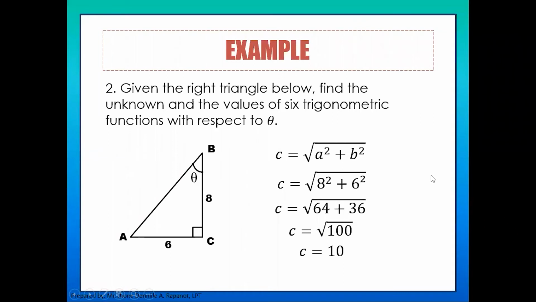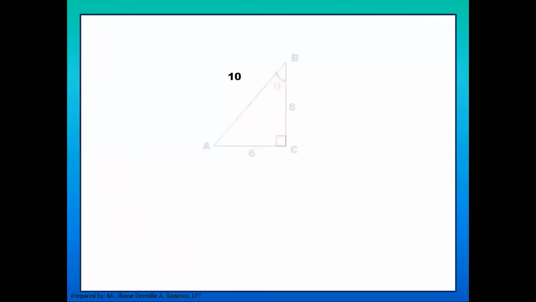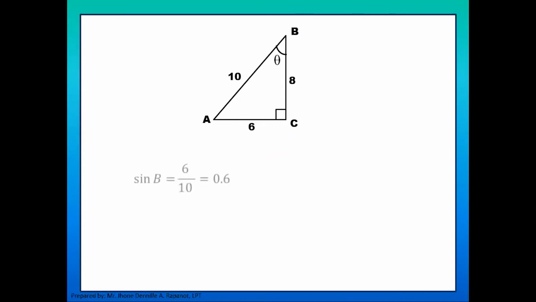Now for the 6 trigonometric functions, here is the same illustration. You've noticed that we now have a value for the longer side of this right triangle. That is 10, based on what you computed earlier. So we have to get the value of sine. In reference to the position of the angle theta, sine theta is equal to opposite over hypotenuse.